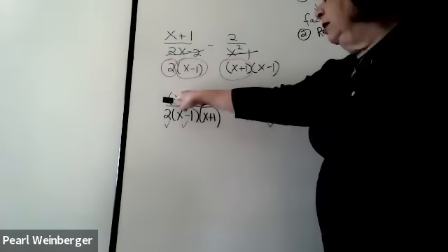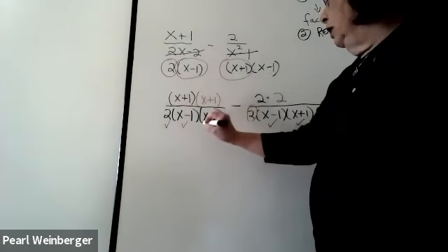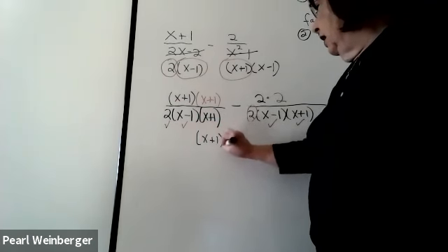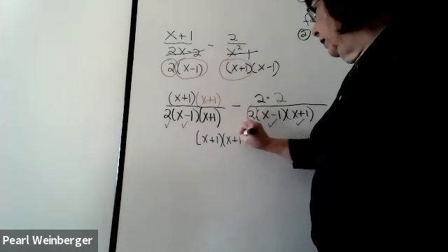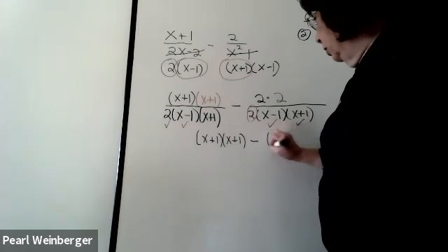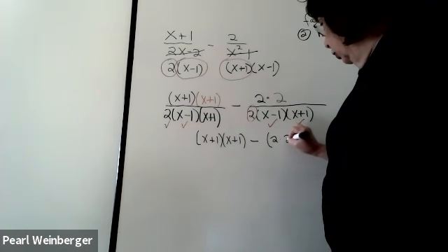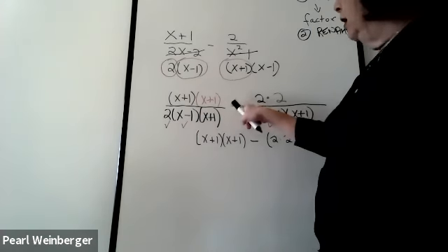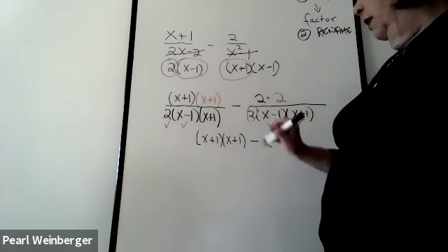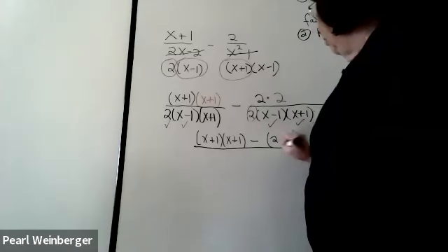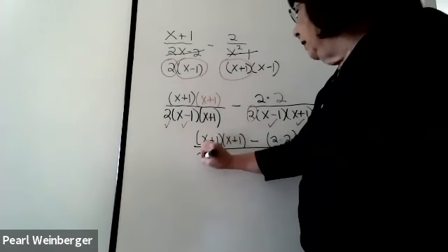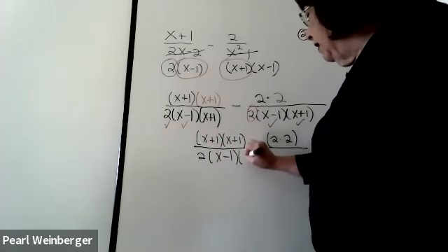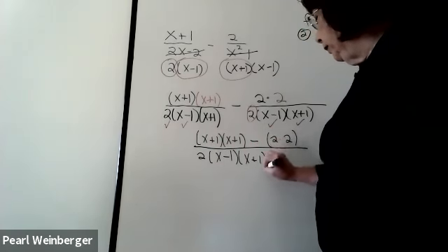And basically, what we have to do is x plus 1 times x plus 1 minus 2 times 2. We have to take this numerator and subtract this numerator and put it all over the common denominator of 2, x minus 1, and x plus 1.